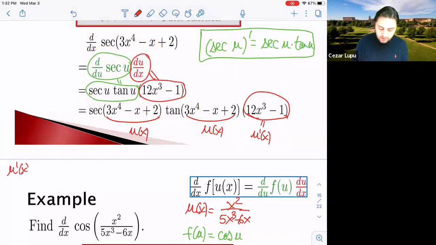So u prime of x is nothing else than just x squared over 5x cubed minus 6x, everything prime.